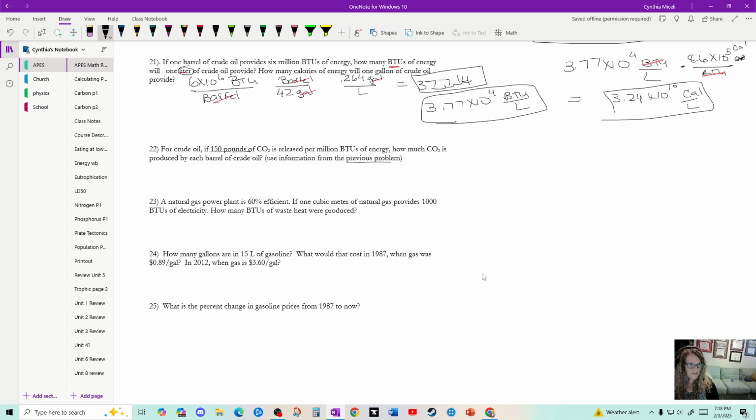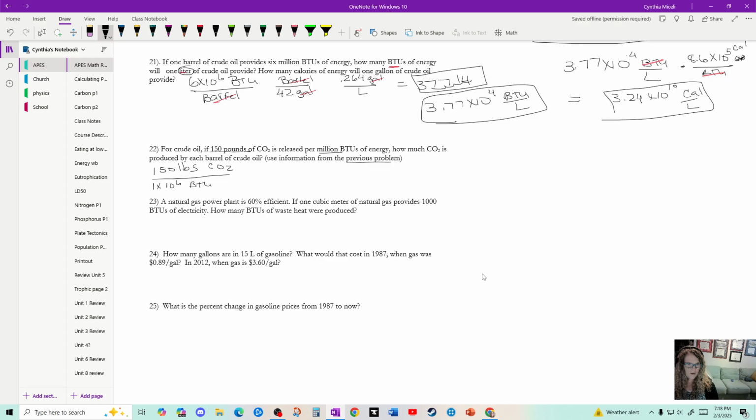We have 150 pounds of carbon dioxide for every million BTUs of energy. So you can write out the whole 1 million if you want, or 1 times 10 to the 6 BTUs of energy.